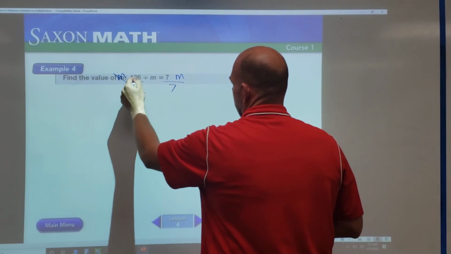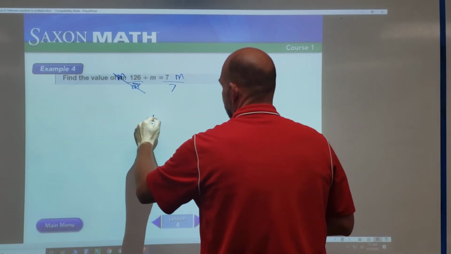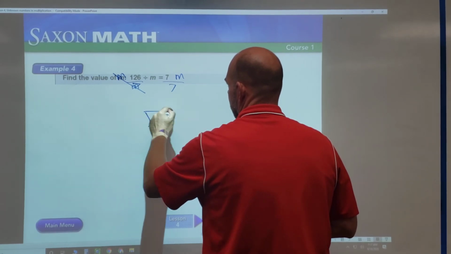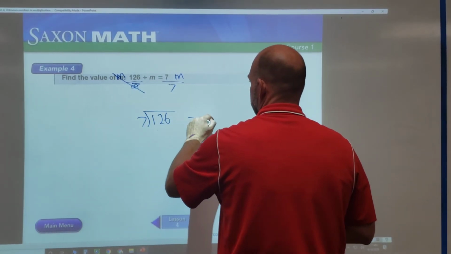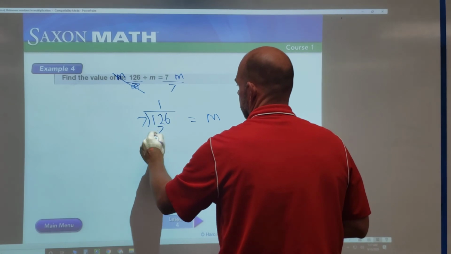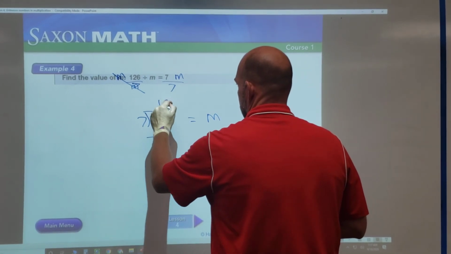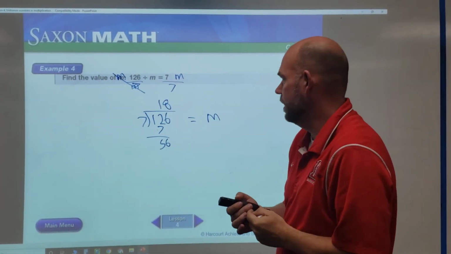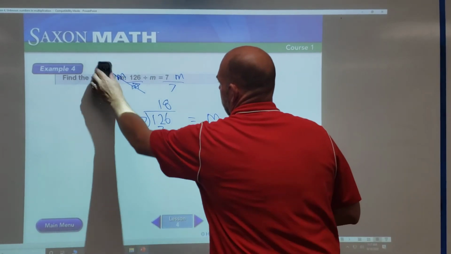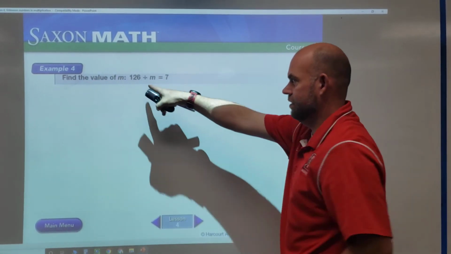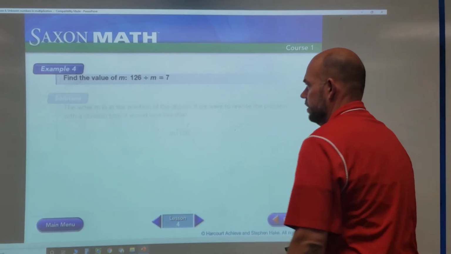And I'll also have to divide this by 7. So then I get 126 divided by 7 equals m. And my answer is going to be 18 equals m. I can check my work there by just saying 126 divided by 18 equals 7, and it will check out.